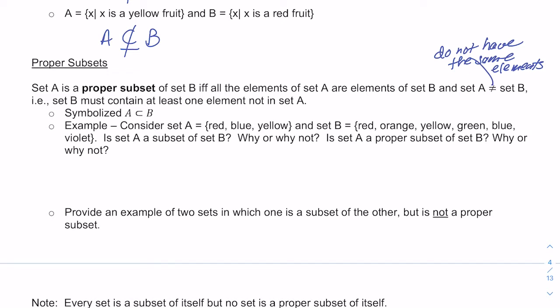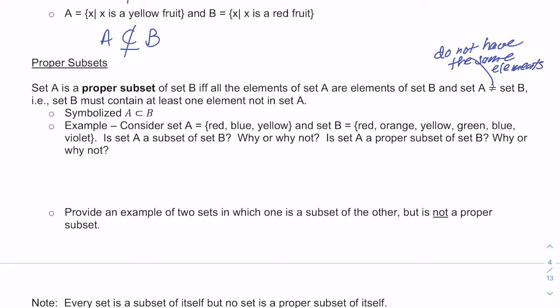What I'm going to do is compare the sets and see if they're equal or not equal. If they're not equal, and as long as all the elements of set A are also elements of set B, then set A would be a proper subset. The symbol for proper subset is the sideways U, but there's no line underneath it.